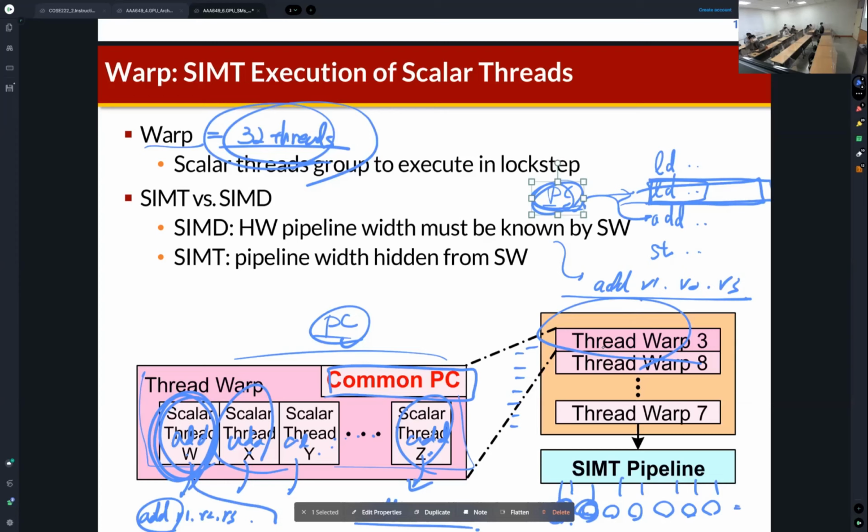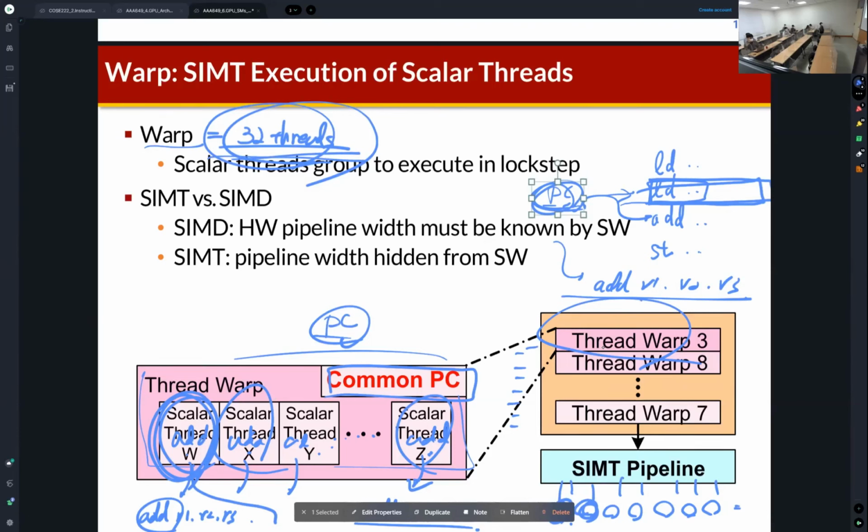But if each thread executes independently, then it's not efficient. To handle a large amount of data in parallel, the SIMD architecture is more efficient than the multi-core model. So the GPU employs the SIMD architecture, but it also needs to support SIMT.